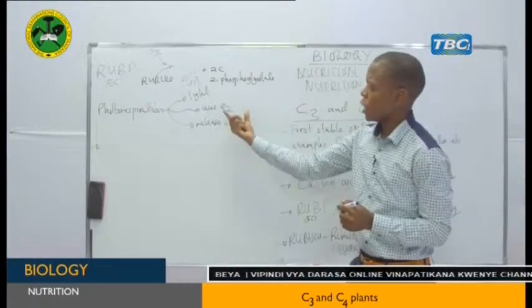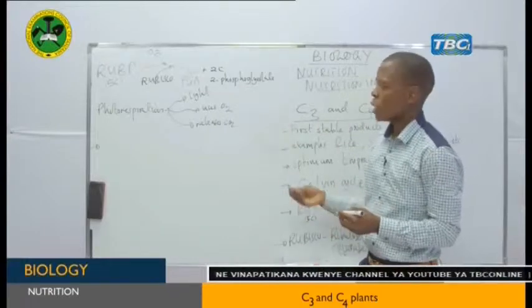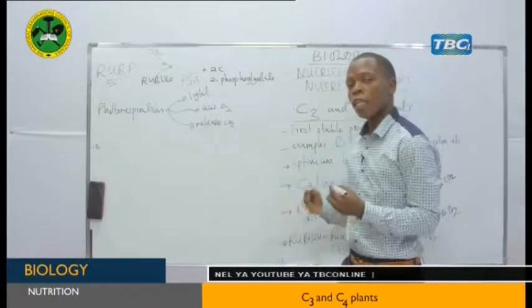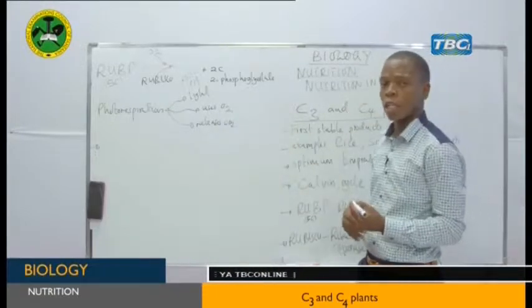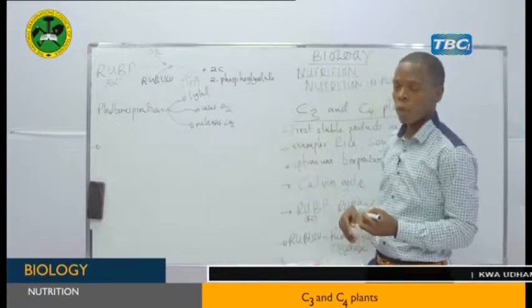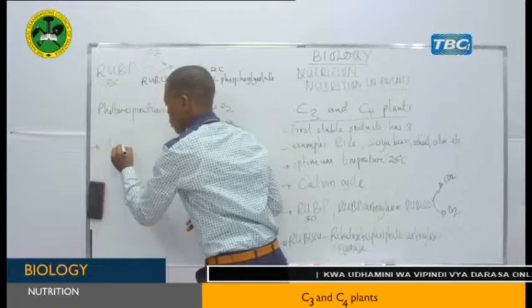Therefore we are saying this process is a wasteful process because it lowers the yield of photosynthesis in C3 plant, but again it uses some of the chemical energy produced from the light reaction, for example ATP.